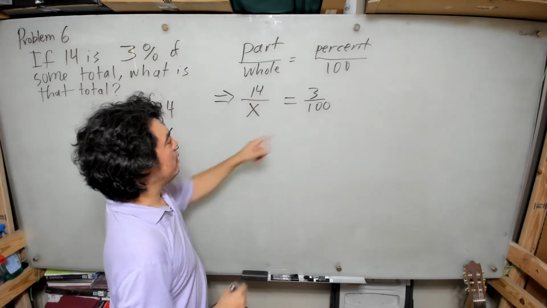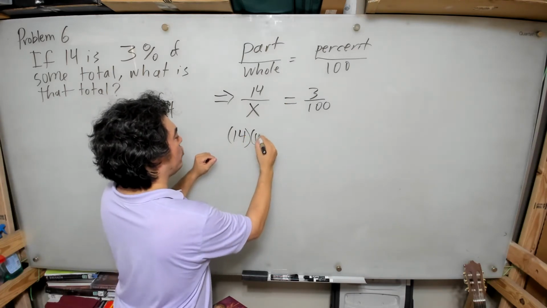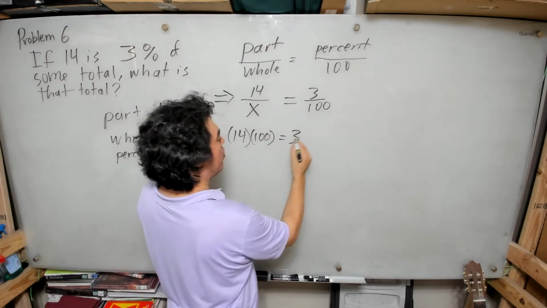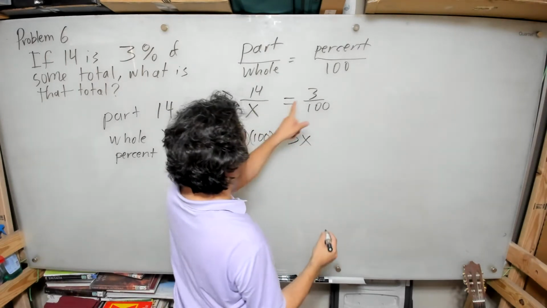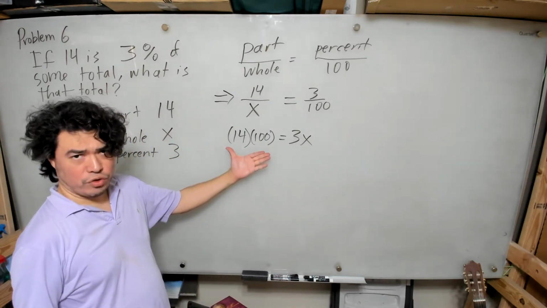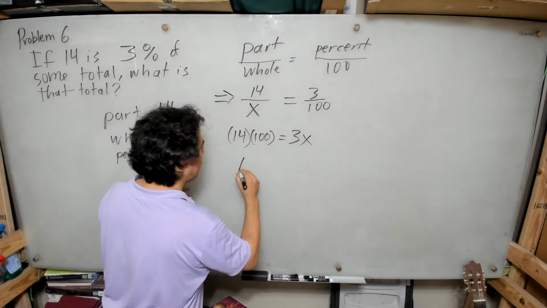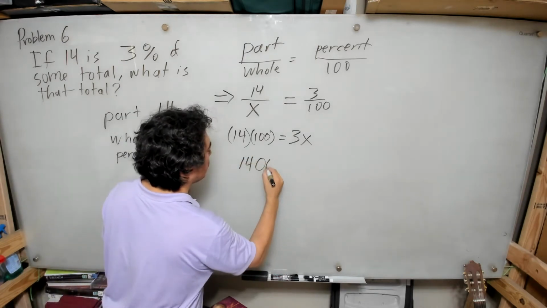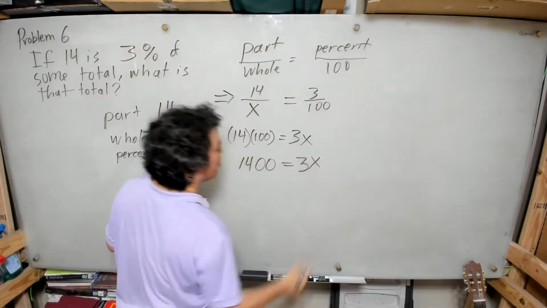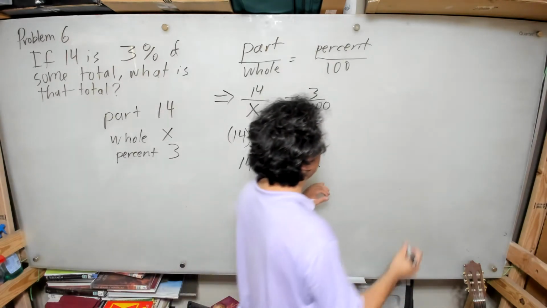So AD is going to be 14 times 100, equals 3 times x, BC. Now, if you do the multiplication for 14 times 100, you'll see that that's going to be 1400. So I'm going to have 1400 equals 3x. And in fact, let me just do that here really briefly, just for completeness.